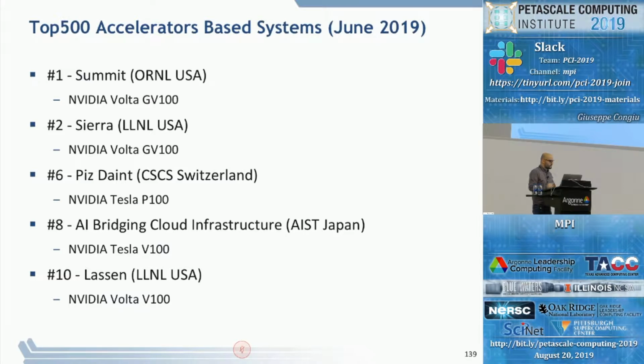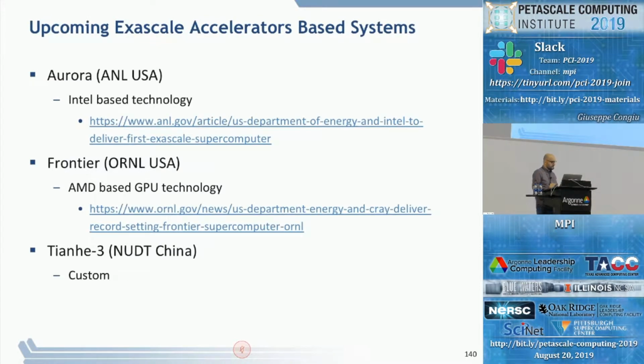This trend is also confirmed by looking at the Top500 list, which lists the top 500 supercomputers in the world. If we look at the top 10 computers in the list, we see that 5 of them use accelerators, more specifically NVIDIA GPUs. And future upcoming Exascale systems will also be leveraging some sort of acceleration technology.